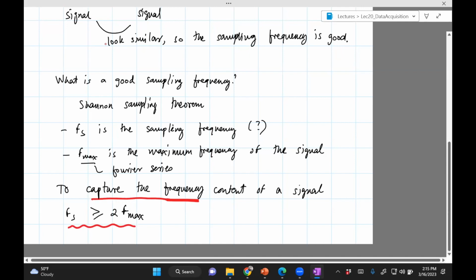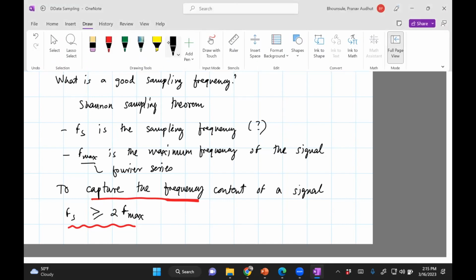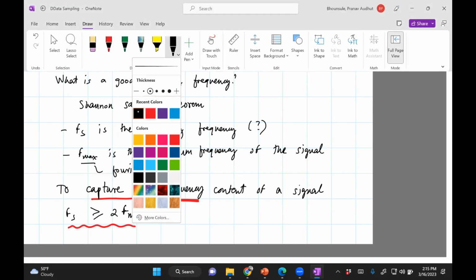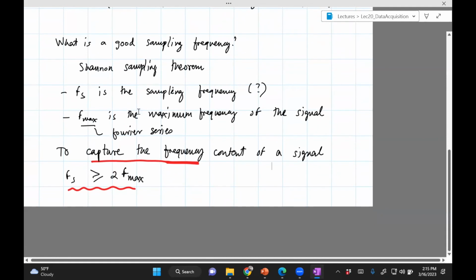So now I'm going to illustrate why this is true by showing you an example. But this frequency, 2f max, is also known as the Nyquist frequency.